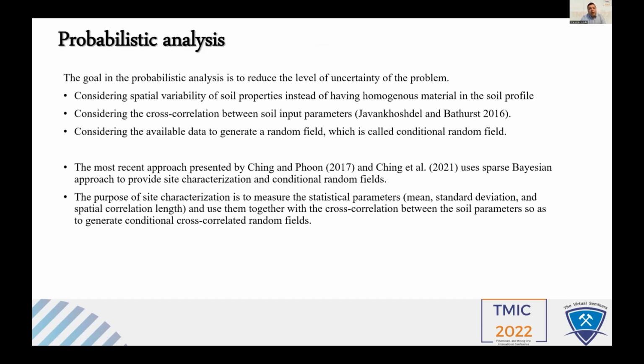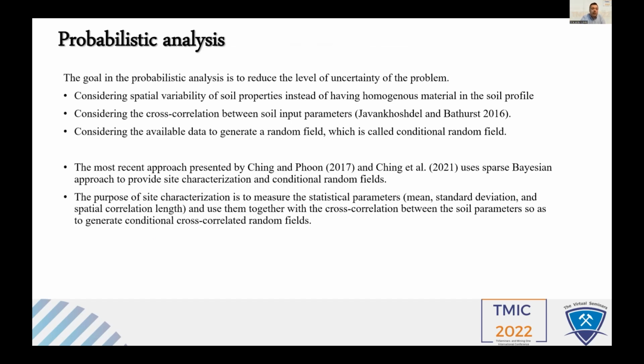The goal of probabilistic analysis, though, is to reduce the level of uncertainty of the problem. So how can we do that? The traditional probabilistic analysis, which Brigid mentioned, the single random variable approach, considers a very large uncertainty, but there are three more steps to reduce this uncertainty.